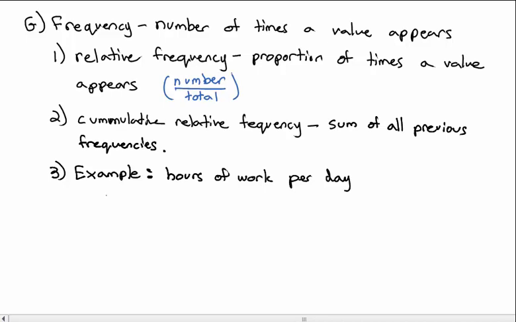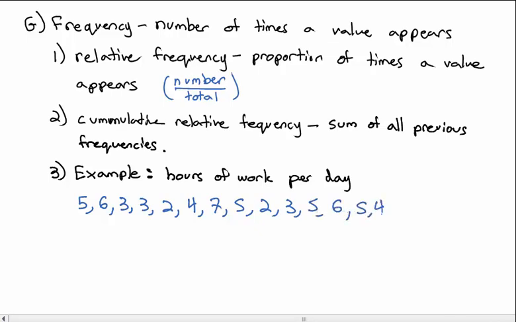Well, here's the data that I got. 5, 6, 3, 3, 2, 4, 7, 5, 2, 3, 5, 6, 5, 4, 4, 3, 5, 2, 5, and 3.